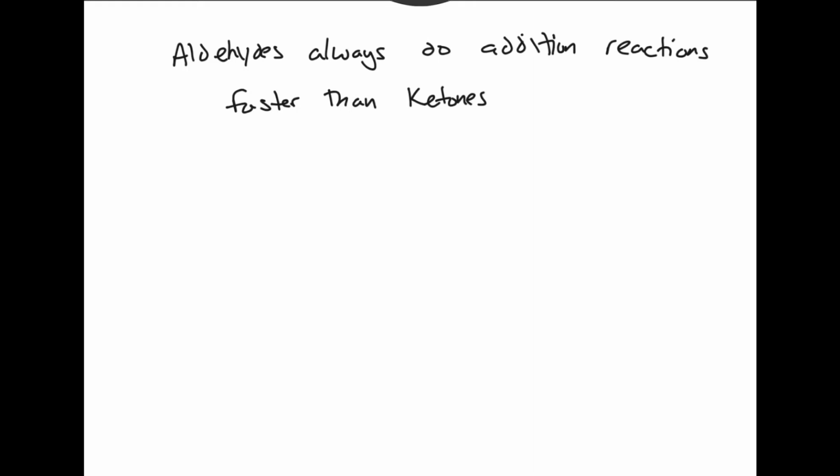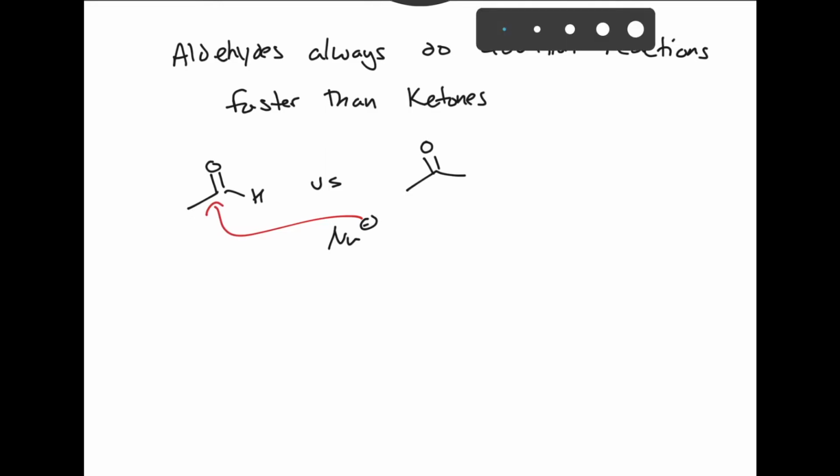So if you have an aldehyde versus a ketone, your nucleophile is always going to add to your aldehyde first. We talked about one reason for this, and we're going to add a second reason. So why do aldehydes react faster than ketones?